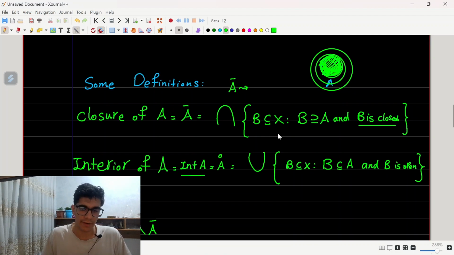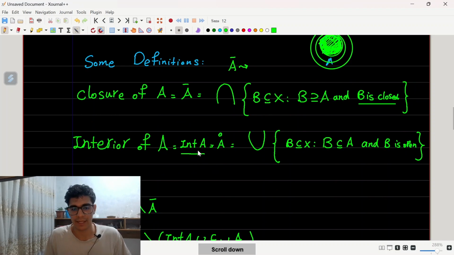The interior of A, or as we show it, int A, is something opposite of that.